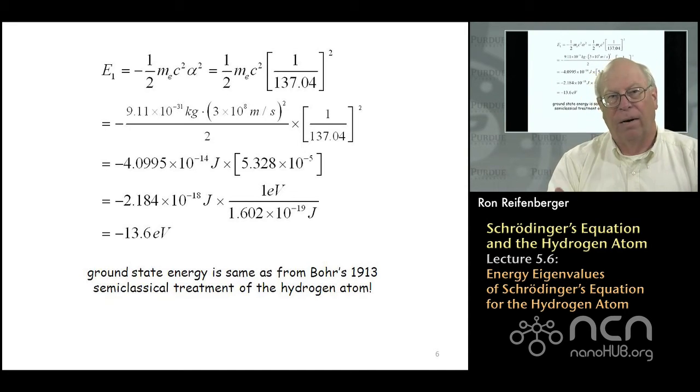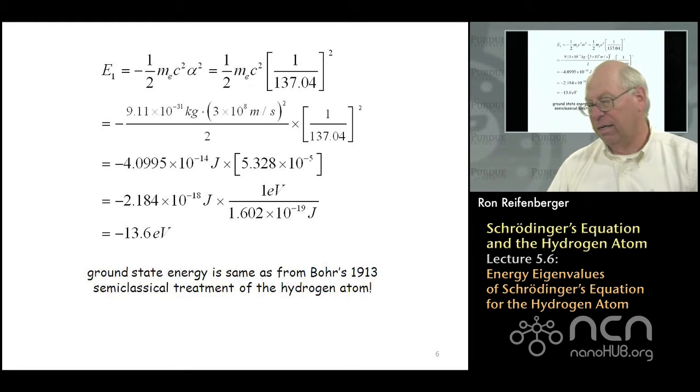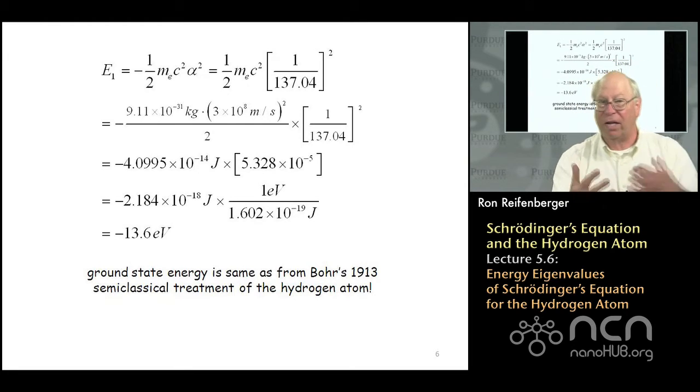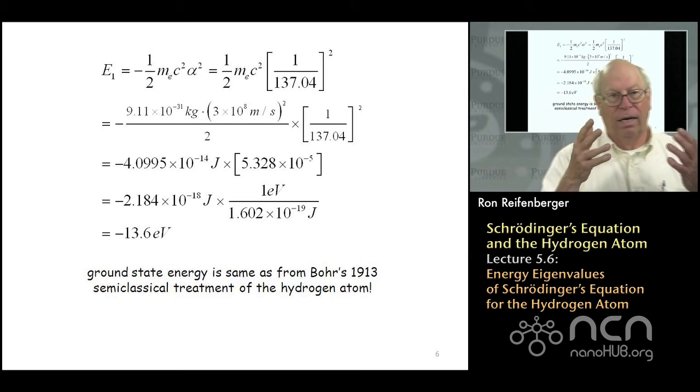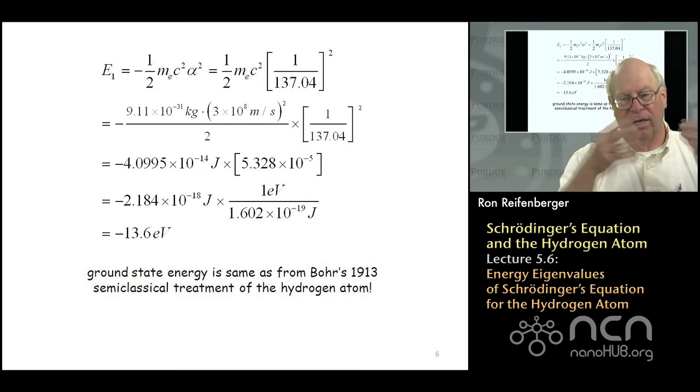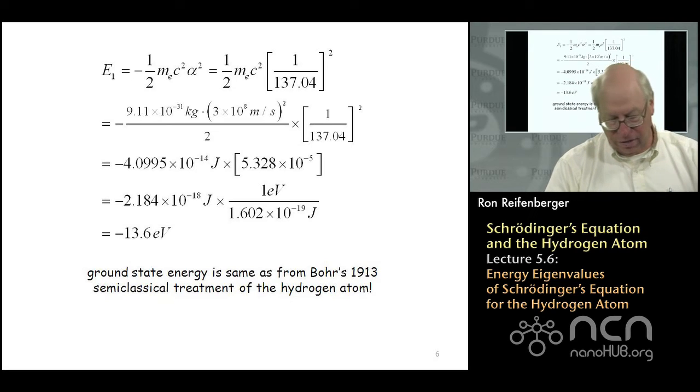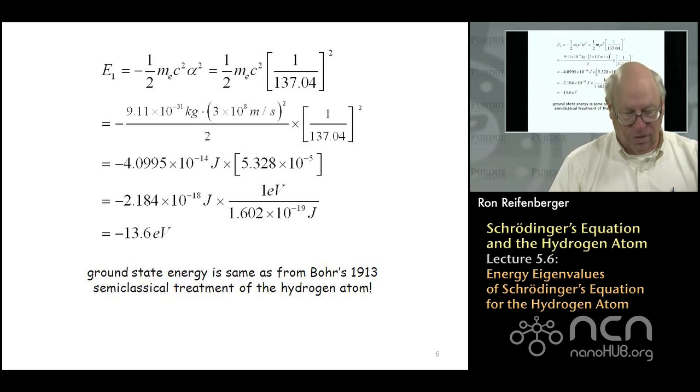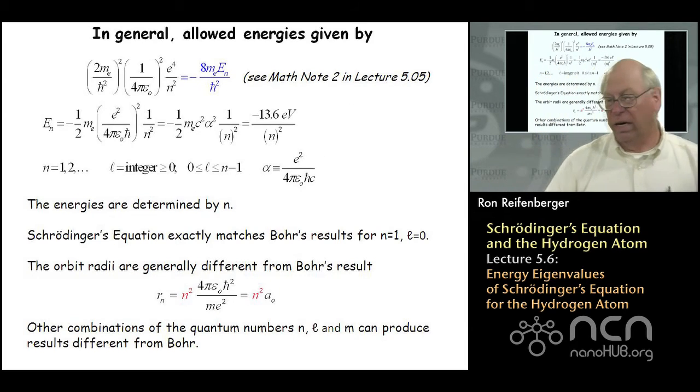So again, this number exactly matches the allowed energies that Bohr specified for his solution of the hydrogen atom problem back in the early 1900s, and that was a semi-classical treatment. You get the exact same number following this discussion from Schrödinger's equation, which again to me is a truly remarkable result. This is the case for the ground state energy. This is the lowest energy state for the electron in hydrogen.